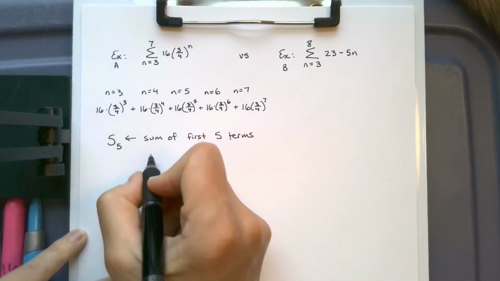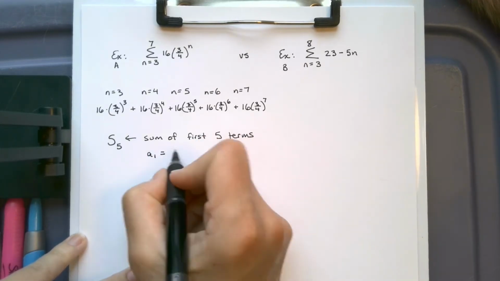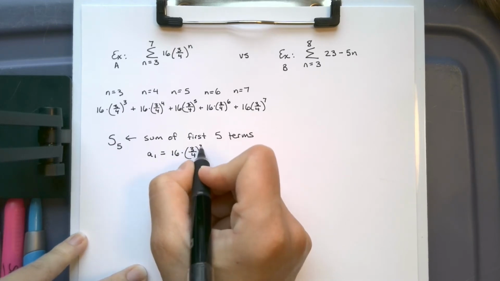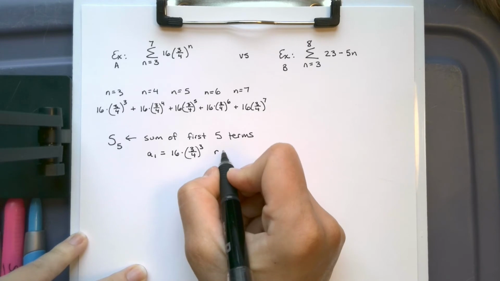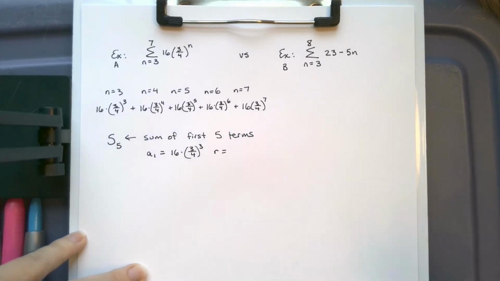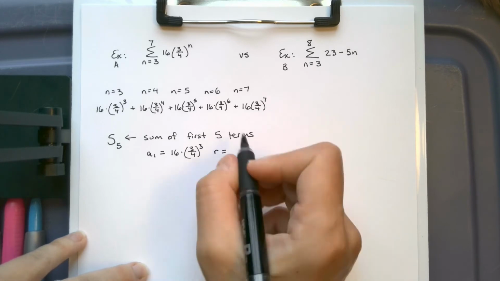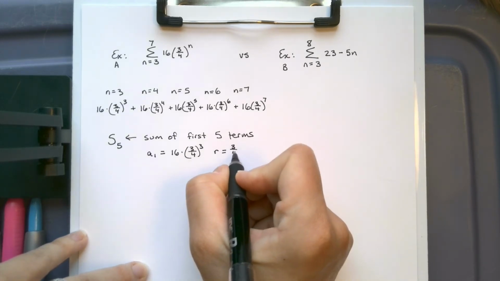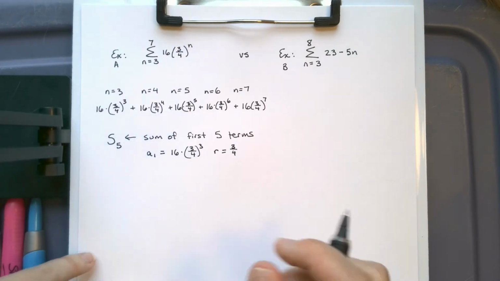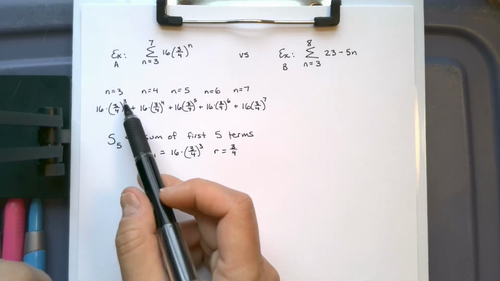If you say that my first term is 16 times 3/4 to the third power, and your ratio, the thing that's changing in between each term, well, the only thing that's been changing is that 3/4 multiplication here, because you're doing 3/4 to the third.